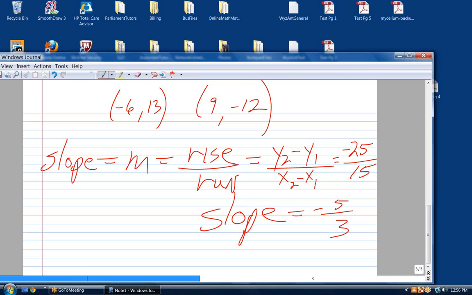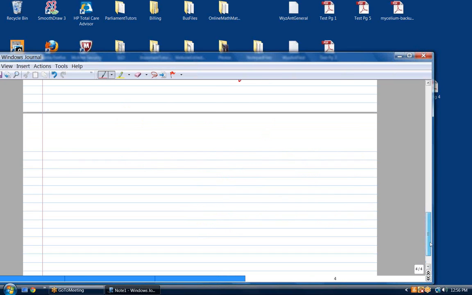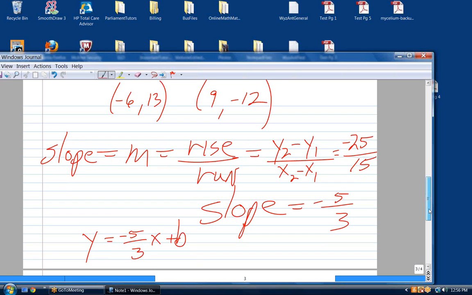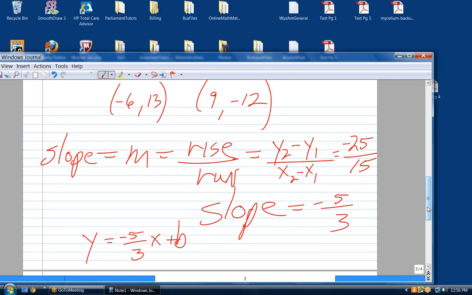Okay, so once we know the slope, now how do we get the equation of the line? Well, you have y equals negative 5/3 x plus b, and you have to find b, and you can just plug in one of the points now, right? Uh-huh. Okay. So pick the simplest point. I guess that would be that one.